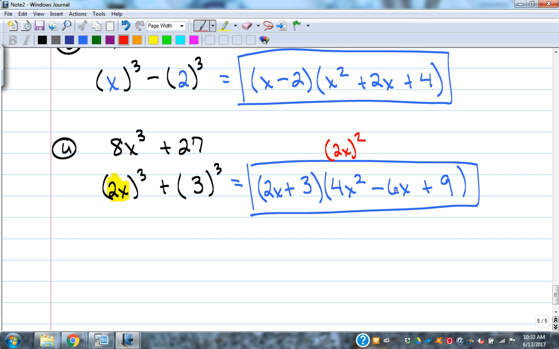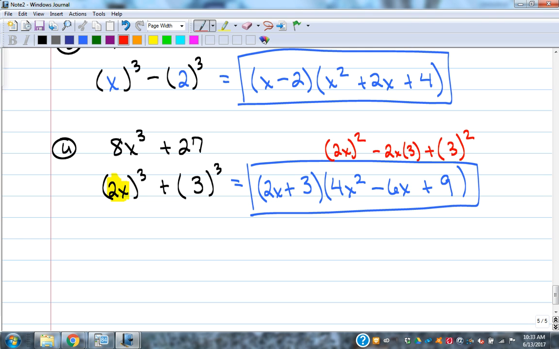And then the middle piece, we're multiplying 2x times 3. And it's a minus sign in the front. Okay. The 2x from the front, the 3 from the back, multiply them together for the middle piece always. And then it's the opposite sign. So it's a minus in the front of that. And then the back part is squaring the back part of the cubes. 3, they're squaring that.